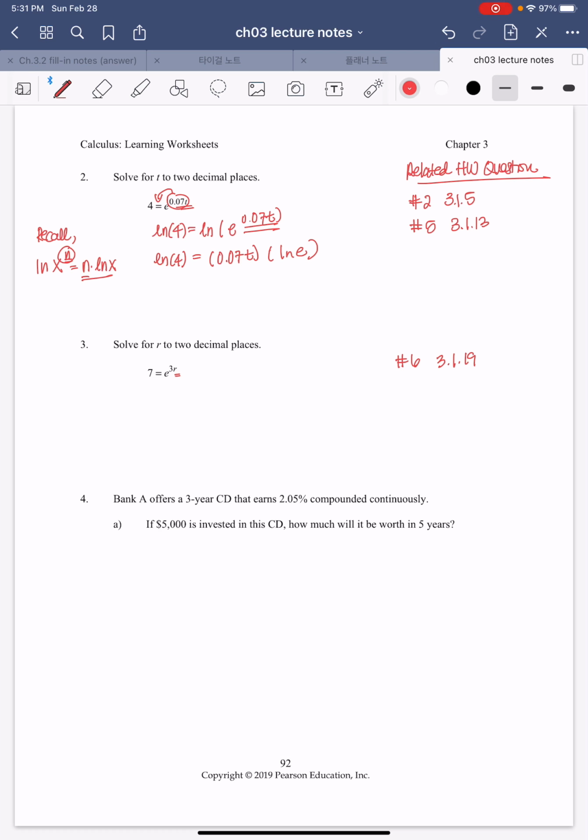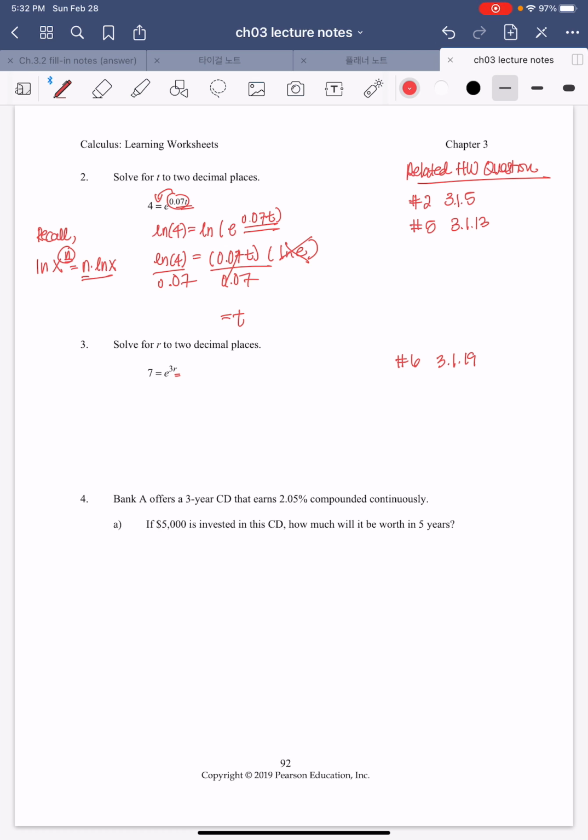And then now ln e is just 1. ln 4 is a number. So you really have 0.07t and then ln of 4. So to solve for t, I divide by 0.07. So t is equal to ln of 4 divided by 0.07.